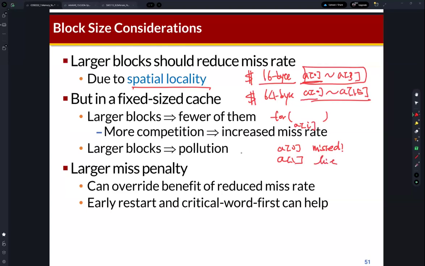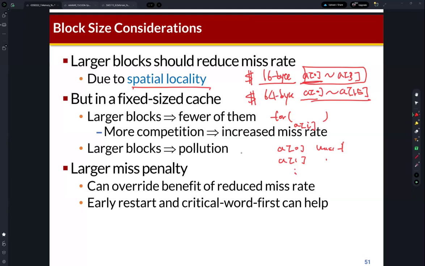And then A2 is a hit, A3 is a hit. And then A4 will be missed. But if the cache block size is larger, 64 byte, then A0 is missed, and then A1 is a hit, A2 is a hit, up to A15 is a hit.